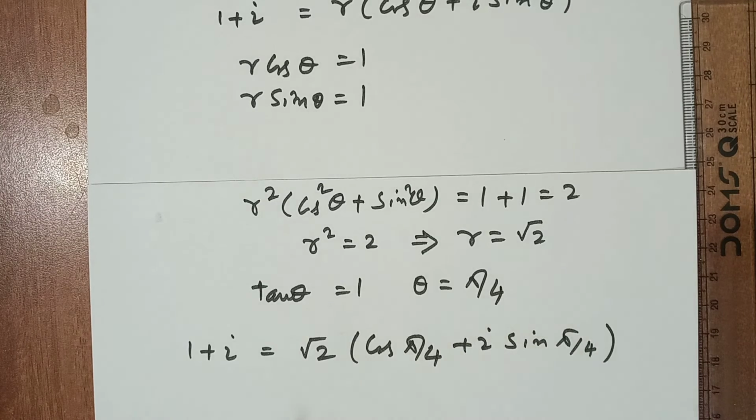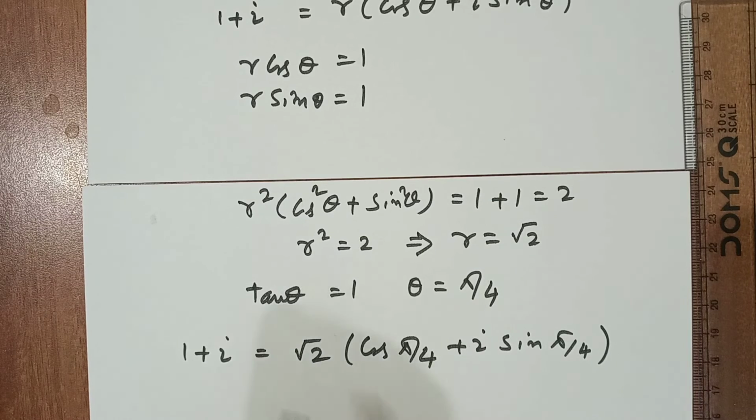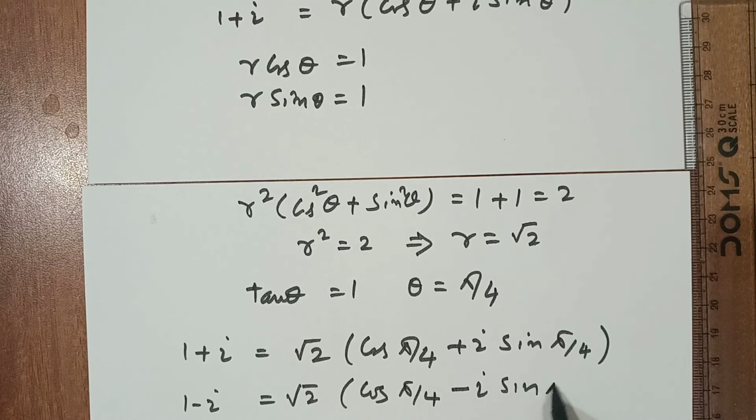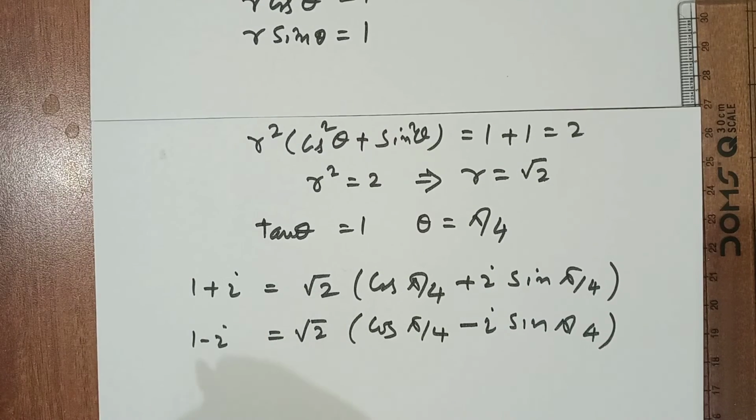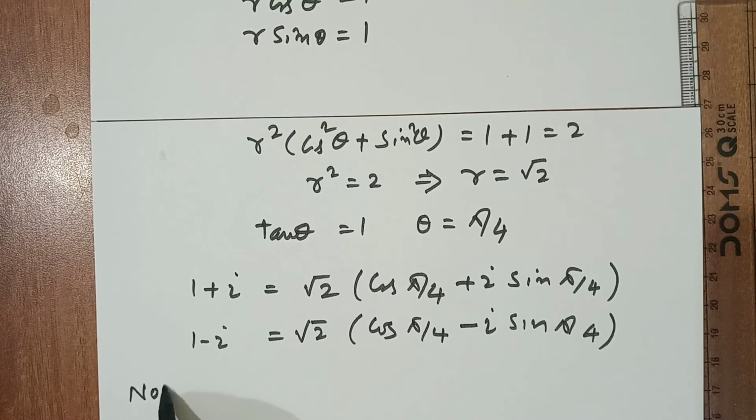Okay, and similarly 1 - i is equal to √2(cos π/4 - i sin π/4). Okay, now (1 + i)^n. So now (1 + i)^n is equal to, on taking the nth power on both sides, [√2(cos π/4 + i sin π/4)]^n.